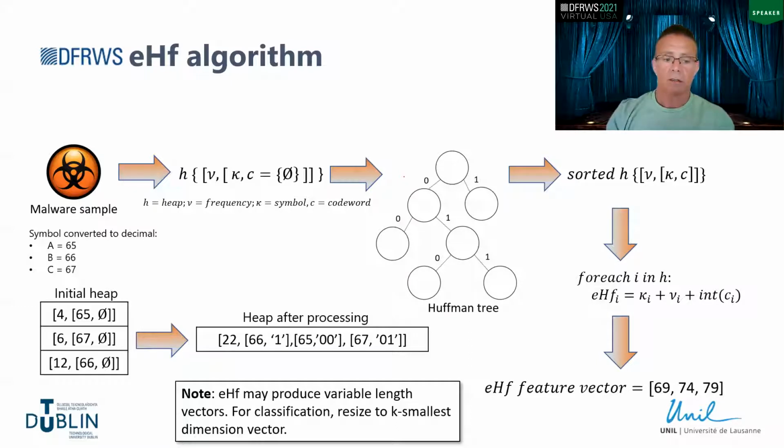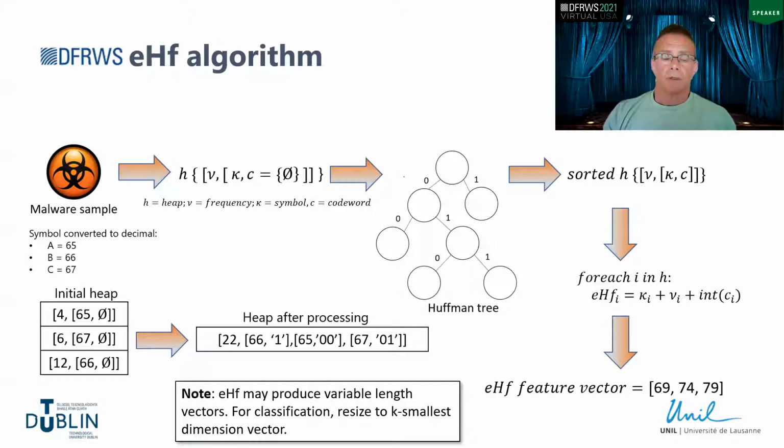So essentially the output from the EHF algorithm is a vector. The dimensions of the vector depend on the input characters or symbols within the data. Like I said, the maximum dimension is 256.